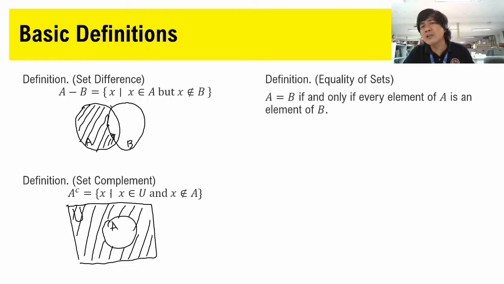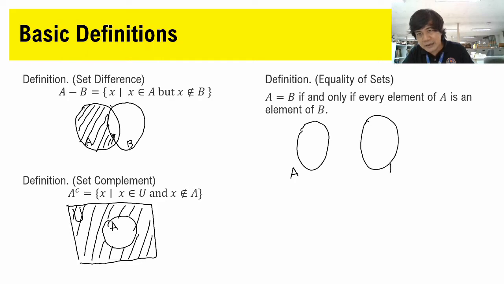How about, how will you say that two sets are said to be equal? As long as every element of A must belong in B. So therefore, if this is set A and this is set B, and the elements of A are as follows, if we describe them finitely as point A, point B, point C, and point D, for these two sets to be equal, you will have A here, B, C, and D as well.